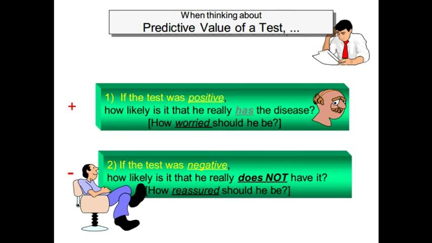So when thinking about the predictive value of a test, we are in other words looking at predicting, if I get a negative result today, whether I would be disease free always, or is there a chance that I may suffer from the disease. So when we look at the predictive value of a test, we check, if this test was positive, our screening result was positive, how likely is it that he really has the disease.